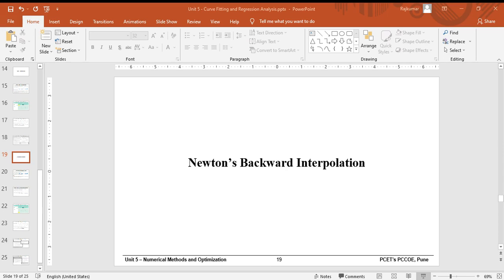You can see x naught is here in forward, whereas in backward it is xn. This is the difference, because the forward interpolation method is good for the starting values, and backward interpolation is good for the values which are at the ends.